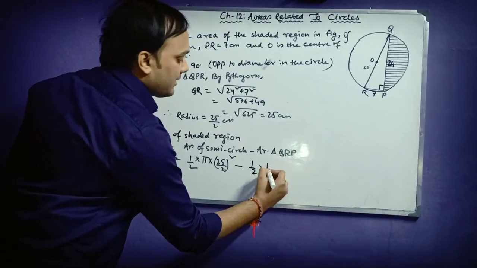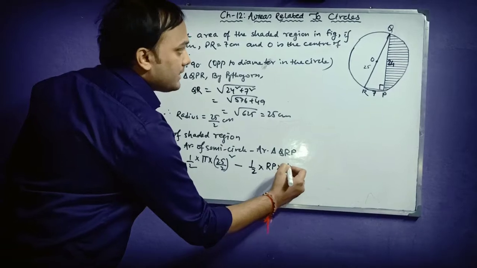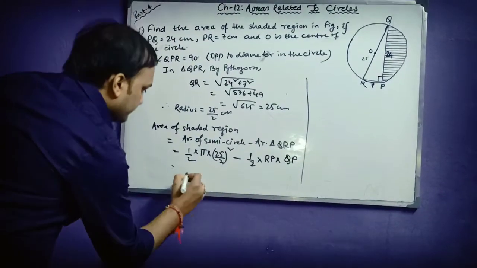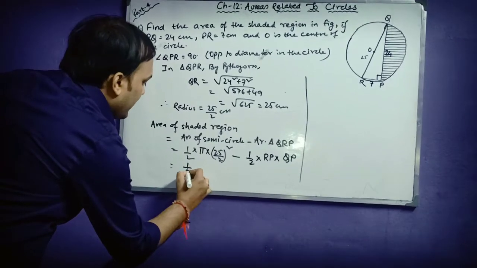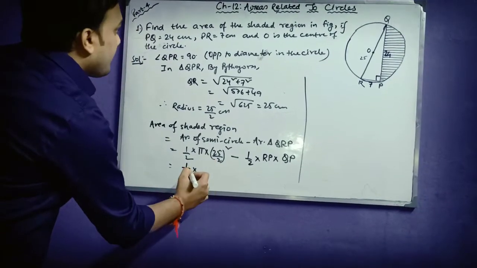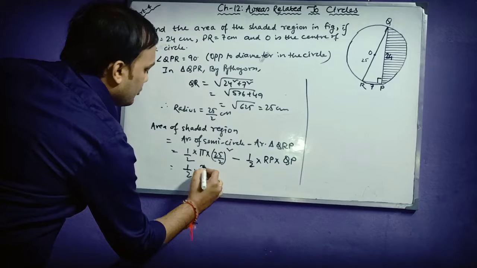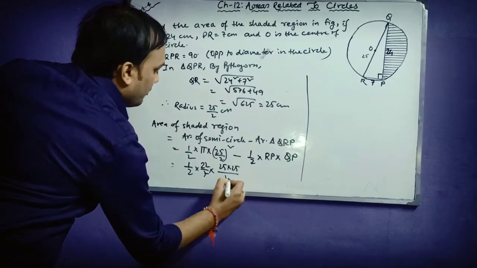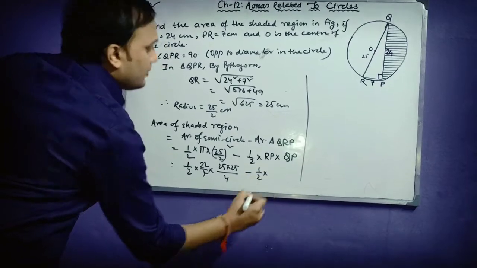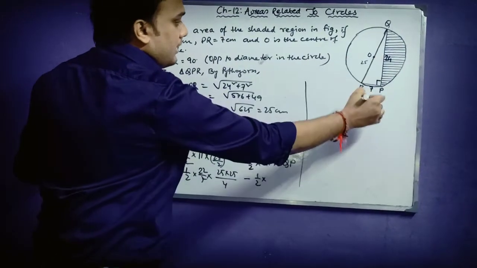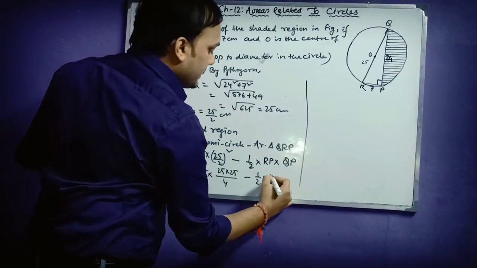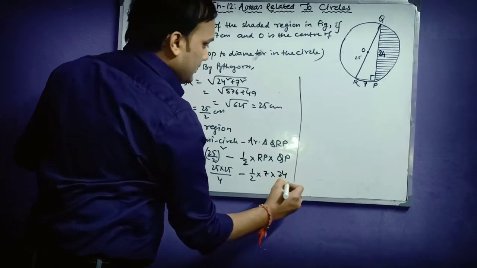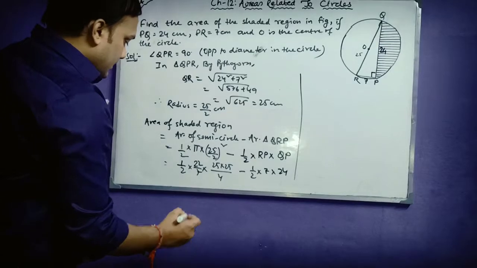Let us do the calculation: 1 by 2 into 22 by 7 into 25 by 2 into 25 by 2, minus 1 by 2 into base RP, which is 7, into QP, which is 24.